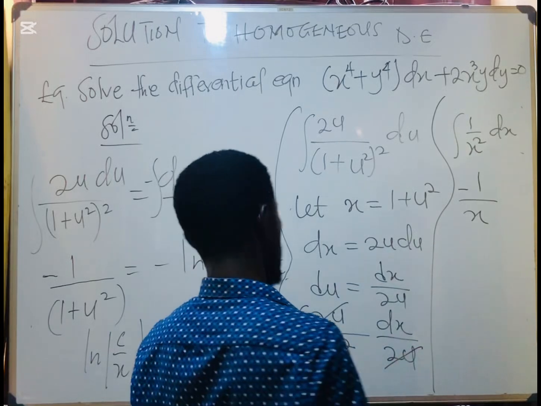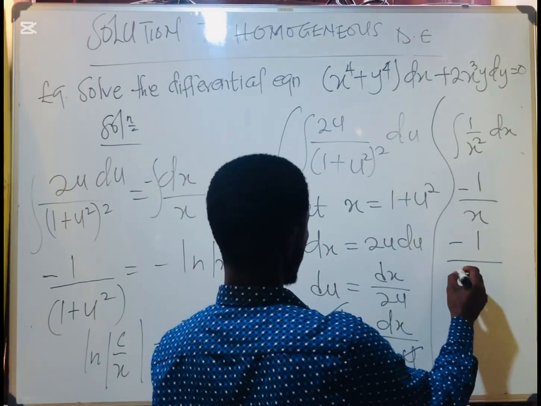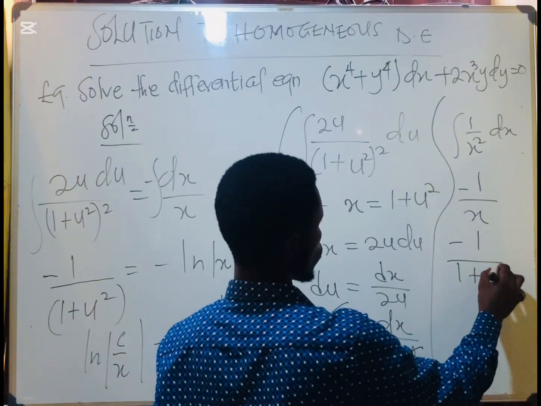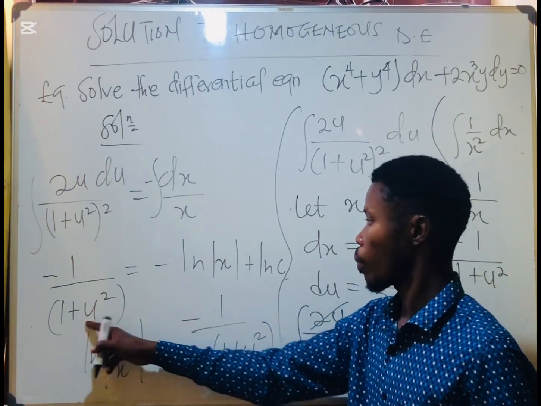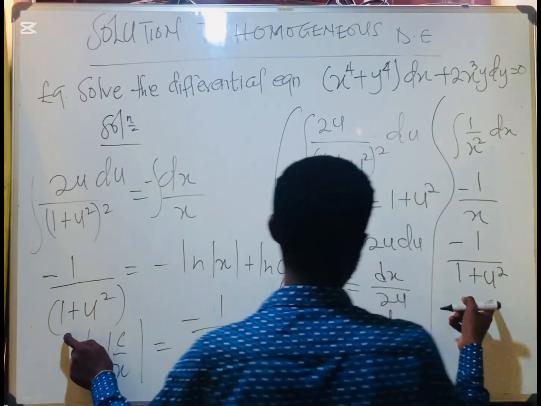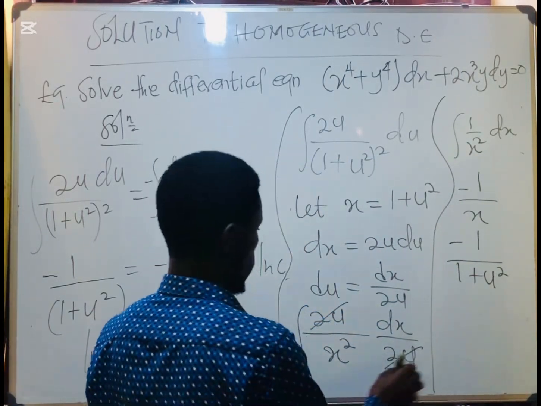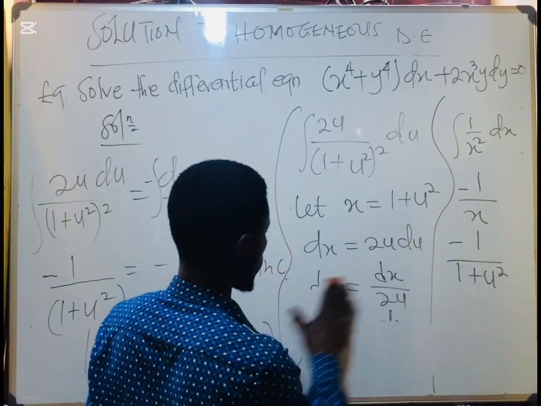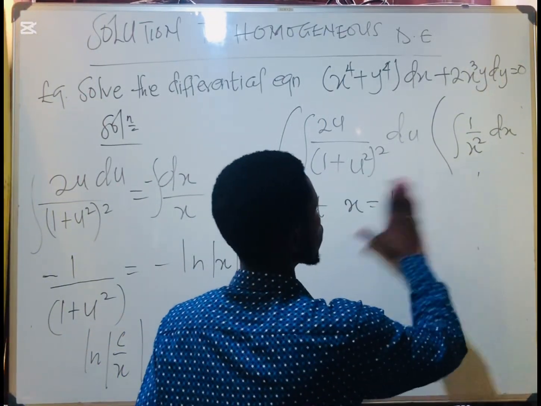And the x is this 1 plus u squared. So that's what I had here. Negative 1 over 1 plus u squared. So that's why I do the integration. Good. But that one is not part of what I'm doing. I just wanted to show you how you can integrate these ones.